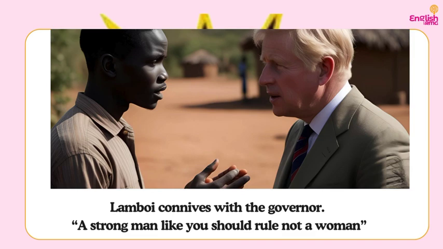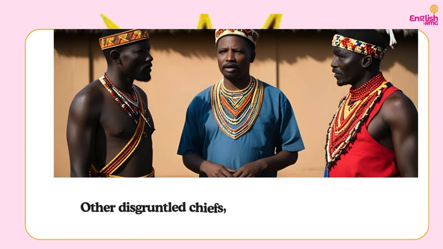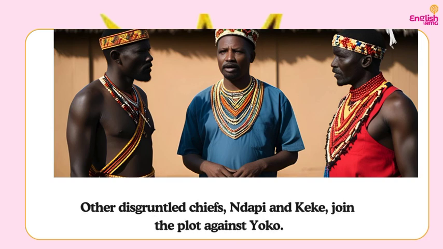So he also tried to connive with the whites, the colonial governors, by telling them that a woman is not supposed to rule them. Other disgruntled chiefs who are also not pleased with a common woman being their ruler sided with him. Other chiefs such as Ndapi and Keke joined Lamboy to plot against Yoko.